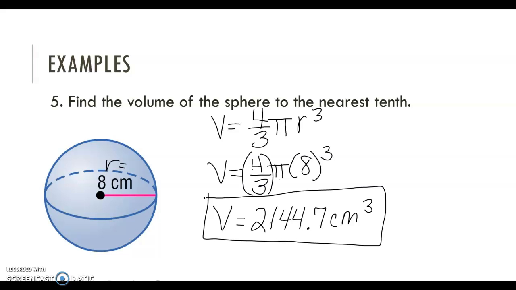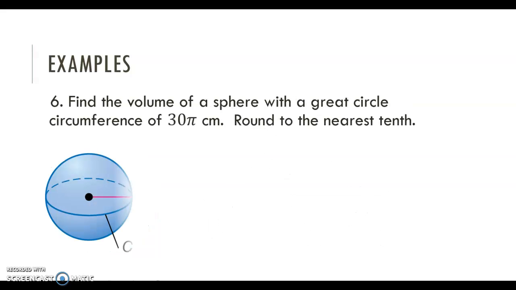Okay, let's look at this next one. We want to find the volume of the sphere with a great circle circumference of 30 pi. So we have this circumference. We're going to use our circumference to find our radius that we will then substitute into the volume formula.